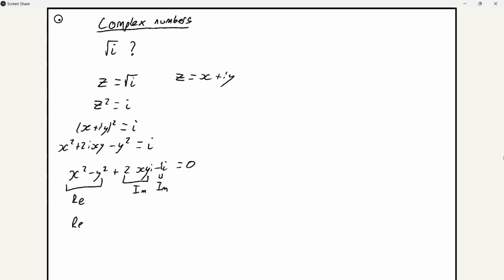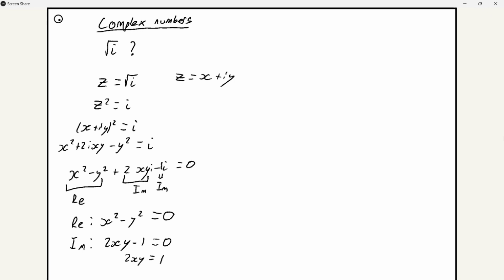So real: x squared minus y squared is equal to 0, and imaginary: 2xy minus 1 is equal to 0, or just 2xy is equal to 1.